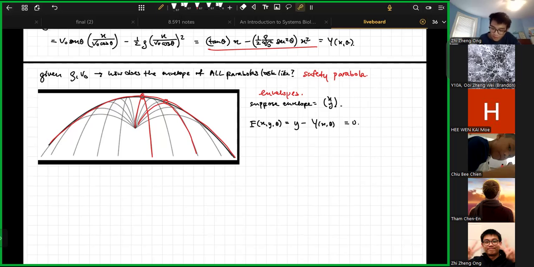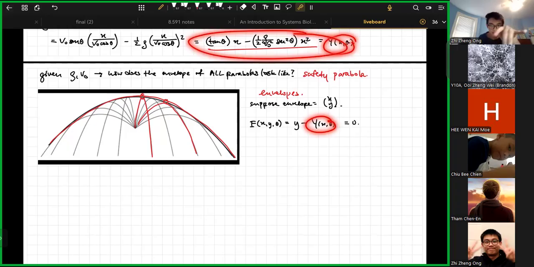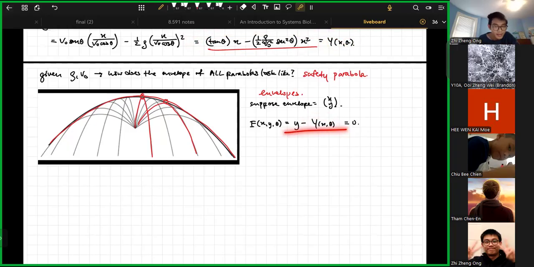I'll call this big Y, a function of x and theta. So a point on this safety parabola has to satisfy this equation for some x, some y, some theta.